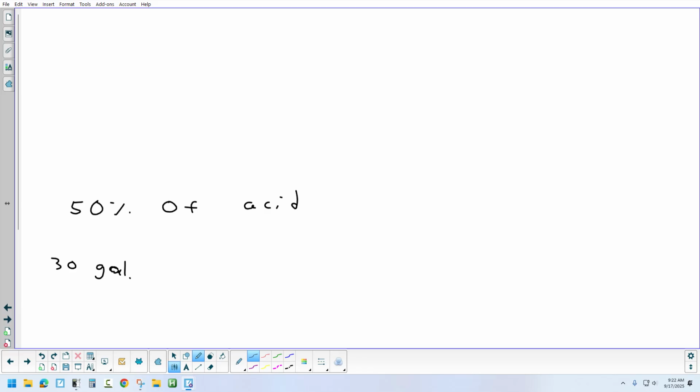How many gallons? I've got 30 gallons in front of me, and the strength of the solution is a 50% strength. Not all acid. If it was all acid in front of me, it would be 100% strength. But it's only 50%. Yeah? 15 gallons? Right. In this case, I would have 15 gallons.